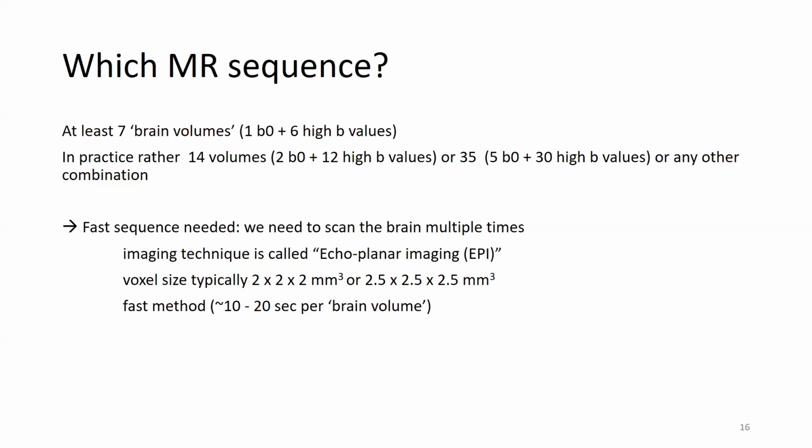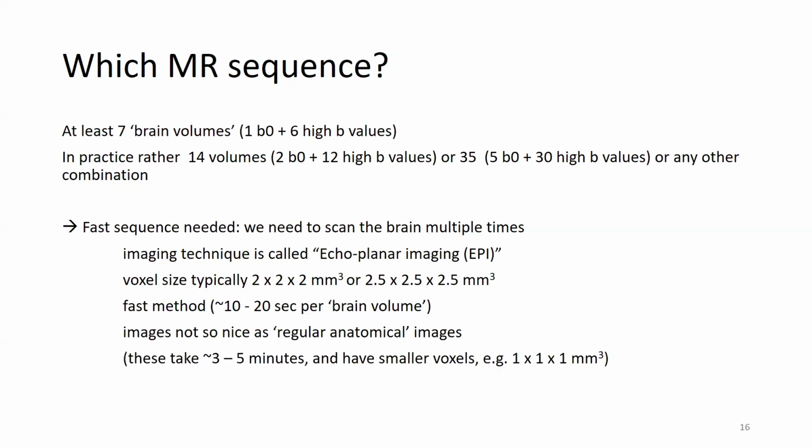So within 2 minutes, I can have a scan with different B1000 directions. These images are not so nice as regular anatomical images. In total, the regular anatomical images take maybe 3 to 5 minutes, and they have much smaller voxels, 1 by 1 by 1, maybe 0.9 by 0.9, or maybe 1.2 by 1.2, but approximately that size.